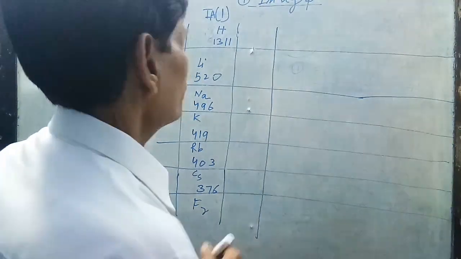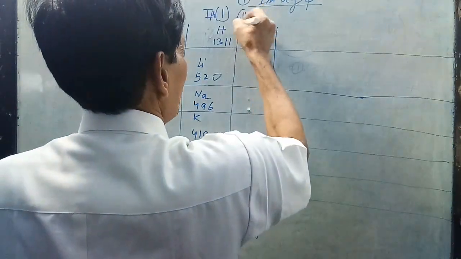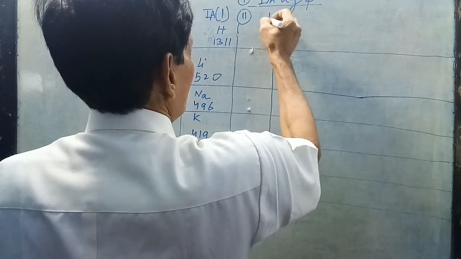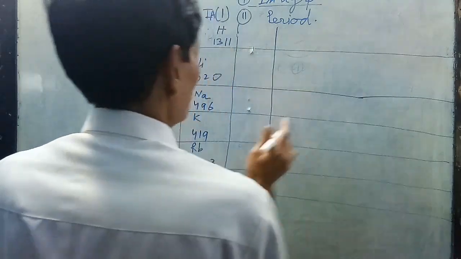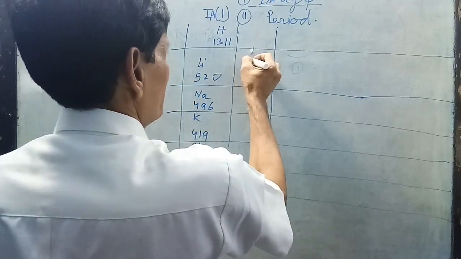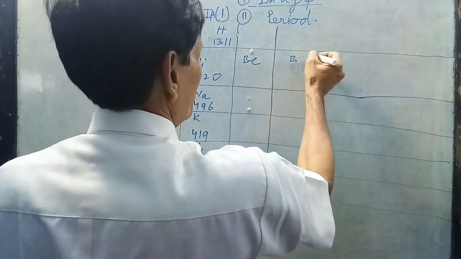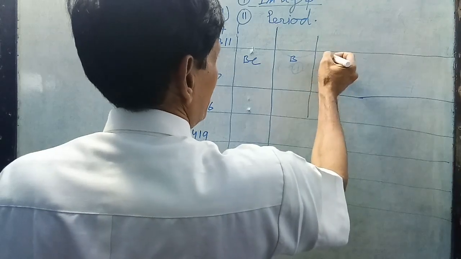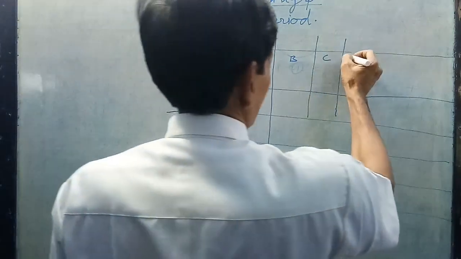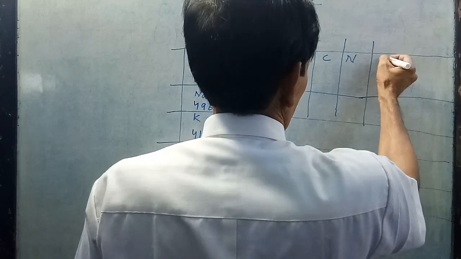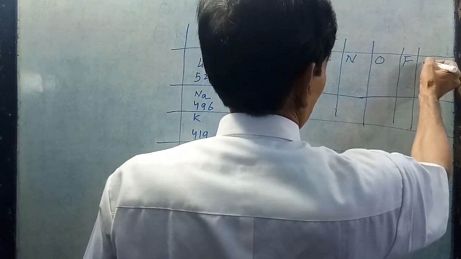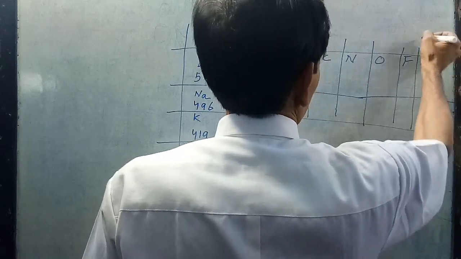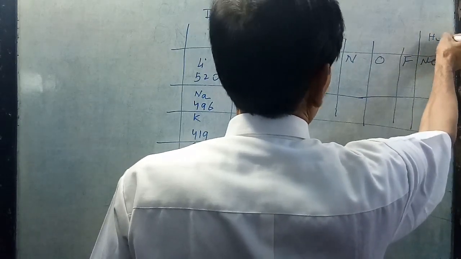Now, variation of ionization energy across a period from left to right: lithium, beryllium, boron, carbon, nitrogen, oxygen, fluorine, neon. Here is helium.